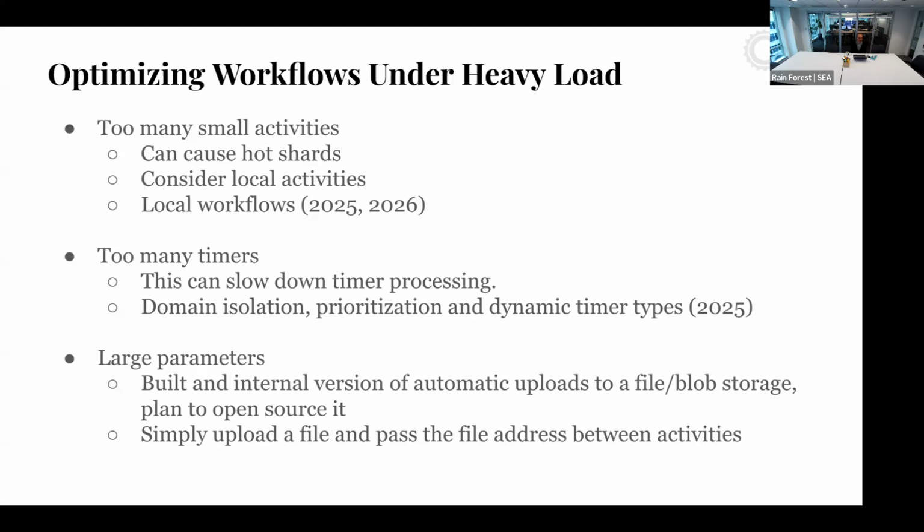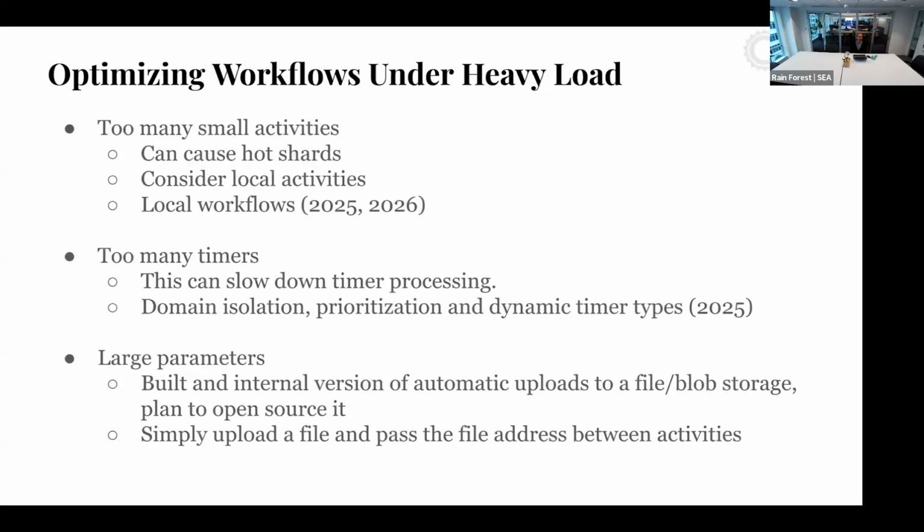And then I think this is the last one under this section, especially with data pipelines. Sometimes the inputs are really big. Sometimes it is tens of megabytes to gigabytes. The problem with this is that we are using hot storage most of the time, Cassandra.